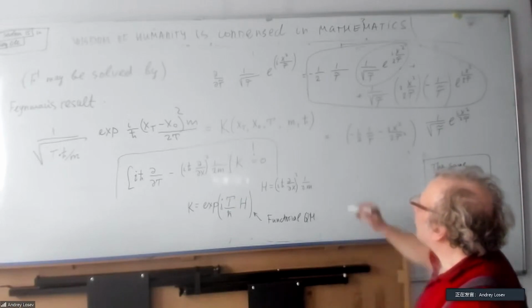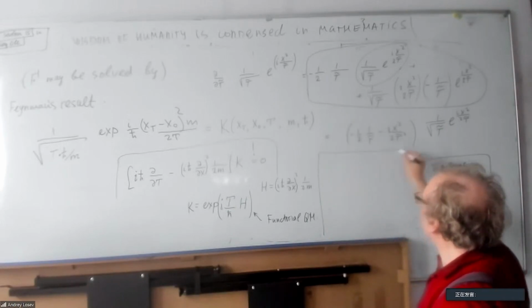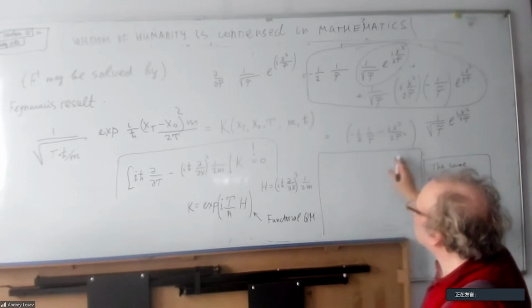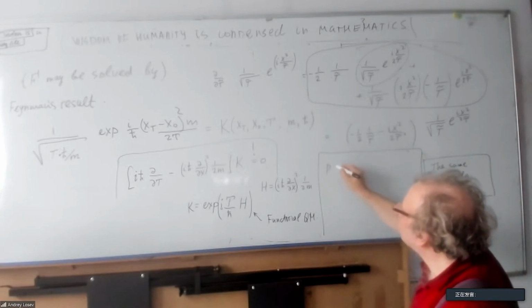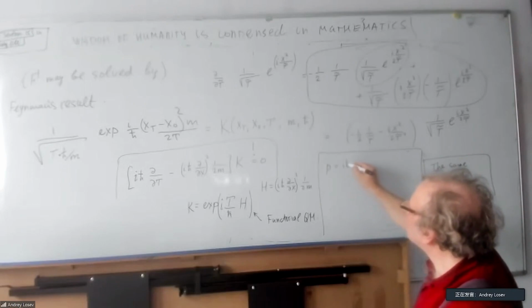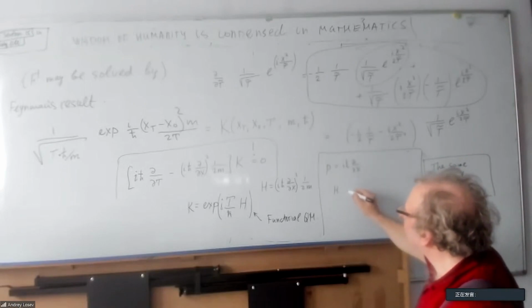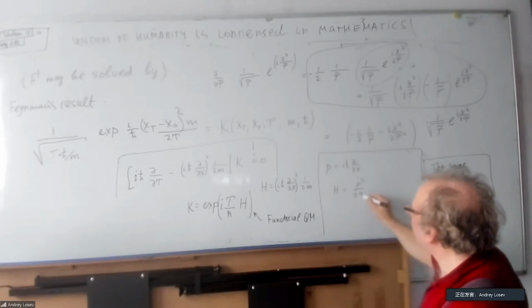Now, if I identify P equals i h d over dx, then H looks like P squared over 2m.